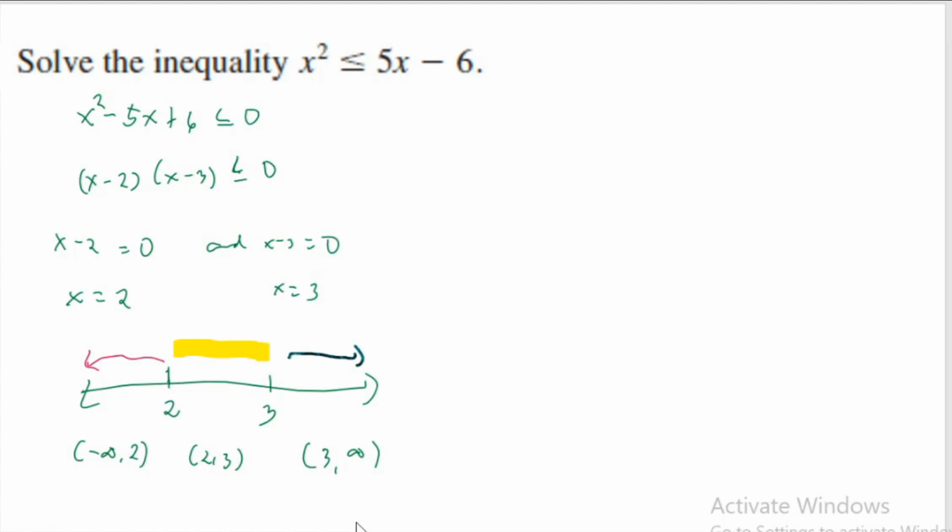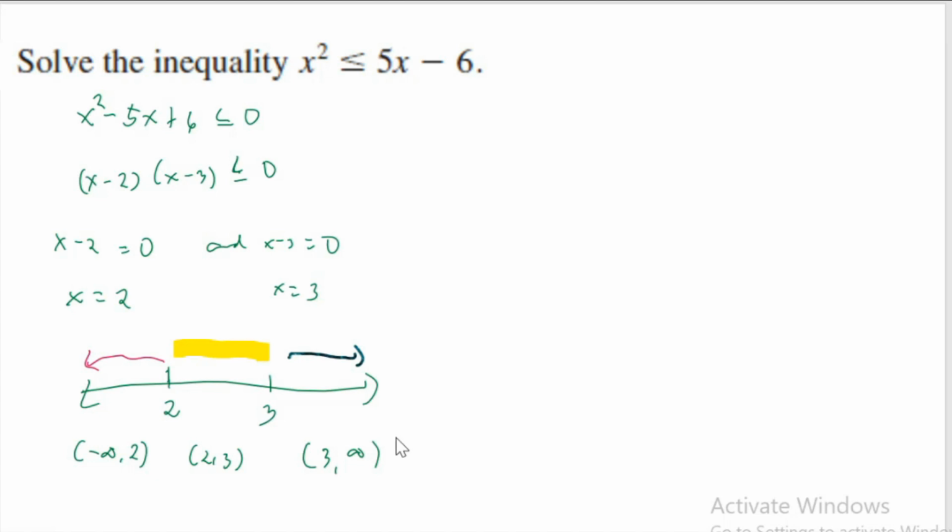So the next step now is we are going to make a table or a diagram. To determine the sign of each factor on each of the intervals that we found, we use test values. We choose a number inside each interval to check the sign of the factors, like x minus 2.